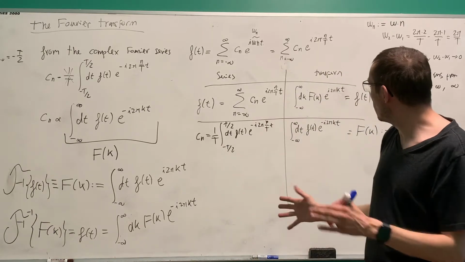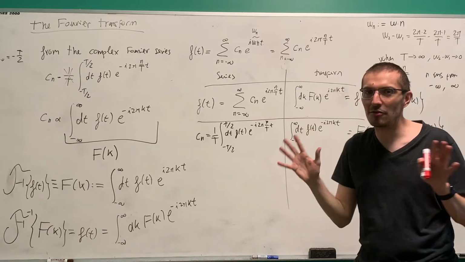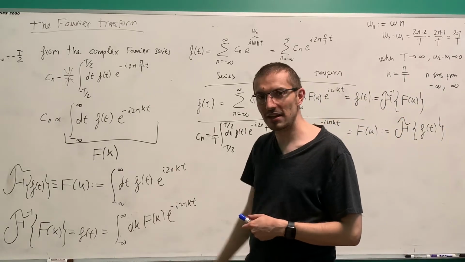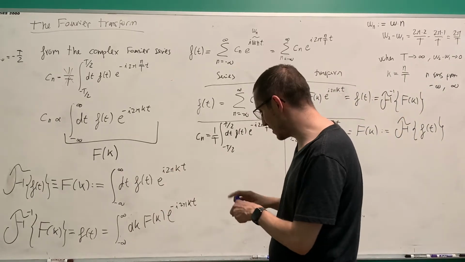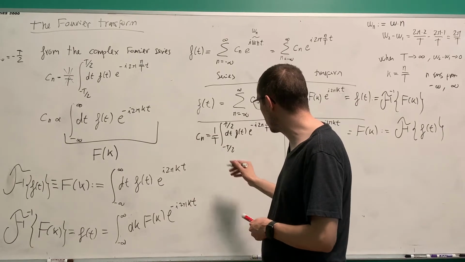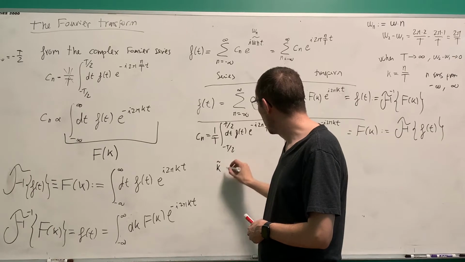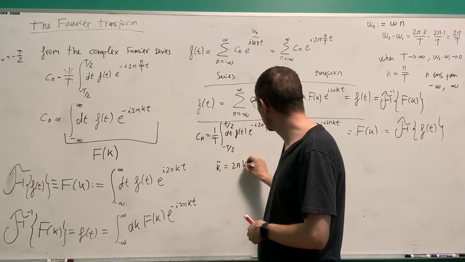Now that we've introduced the idea of how the transform goes, I can do changes of variables, right? Imagine that I define a new k, k tilde, which is 2 pi times k.